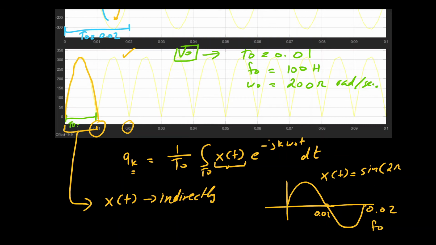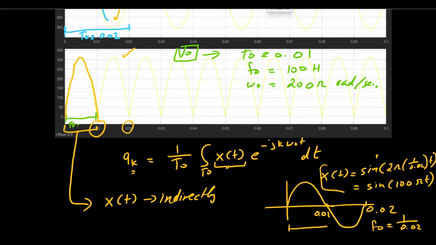So f0 is equivalent to 1 over T0, and T0 over here is 0.02. So we have 1 over 0.02, 2 pi f0 t, or simply this is sine 100 pi t. So why are we considering this formulation? This is because we are going to limit this sine function in this interval only.